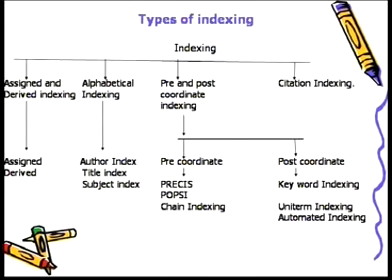Alphabetical indexing has three parts: author index, title index, subject index. Pre-coordinate and post-coordinate indexing has again three parts each. Pre-coordinate: PRECIS, POPSI, and chain indexing come in this category. And then post-coordinate: keyword indexing, uniterm indexing and automated indexing.